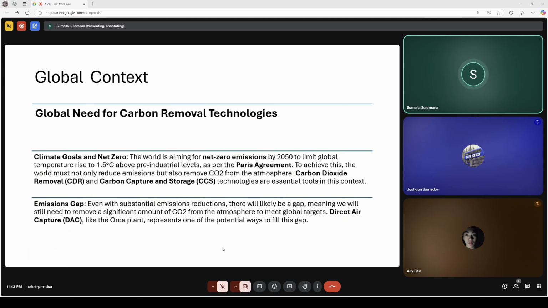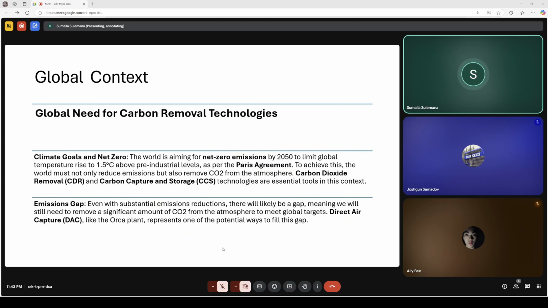Hence, we need both carbon dioxide removal, which is the CDR technologies I mentioned in the previous slide, and CCS technologies as well. So we are not only trying to reduce emissions, which would have been the case if we fully focused on carbon capture and storage.